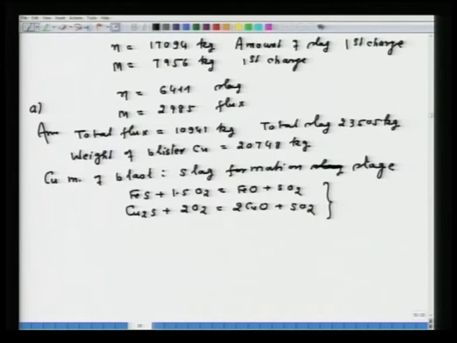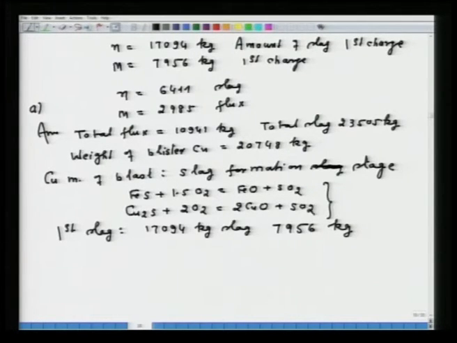Okay. So, we know that for first slagging period, the slag was 17,094 kg, the first slag, and the flux we needed 7,956 kg. This is what we have calculated.